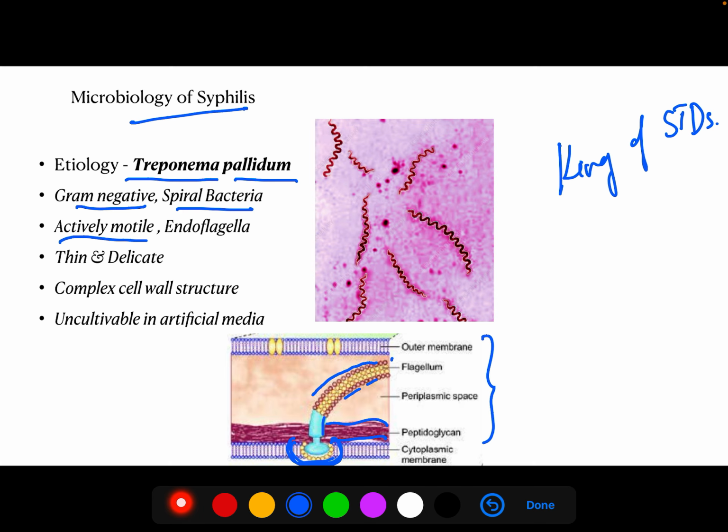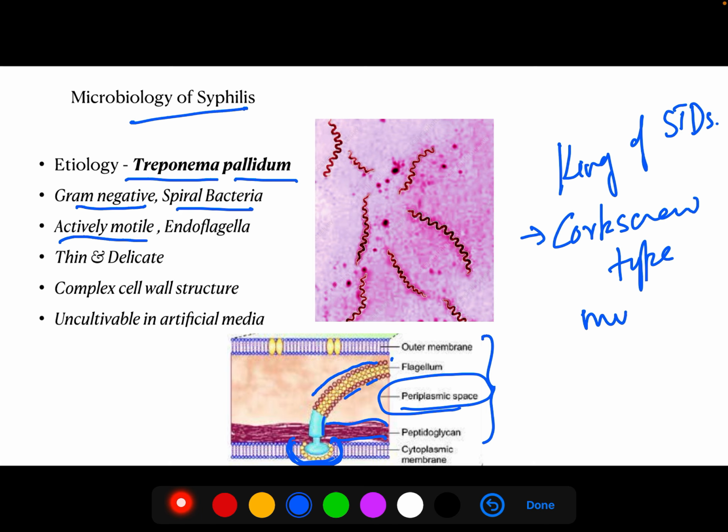The flagella is present in the periplasmic region only, hence it is known as endoflagella. And this flagella gives the bacteria a corkscrew type motility, which enables the bacteria to penetrate the mucous membrane or the skin.